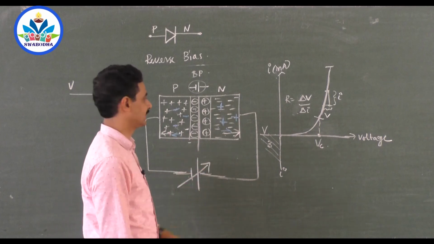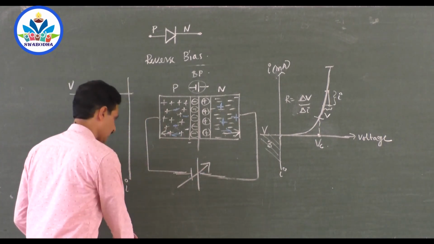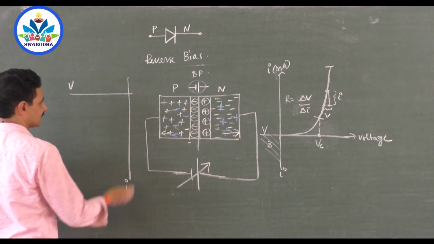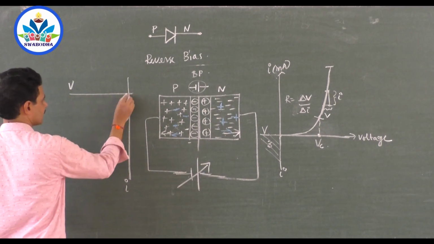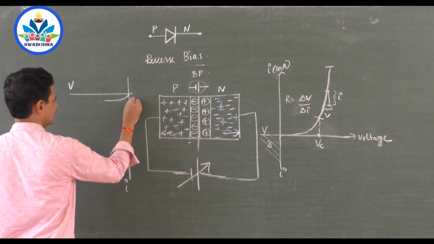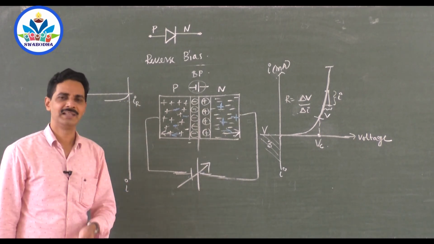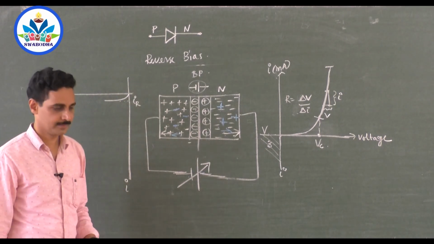They conduct, but their current is very, very less because their number itself is very less. So during reverse bias, as you increase the voltage, you get a very, very small current, only this much amount of current, and this is the reverse bias current. That current is very small, and it is only because of minority carriers.